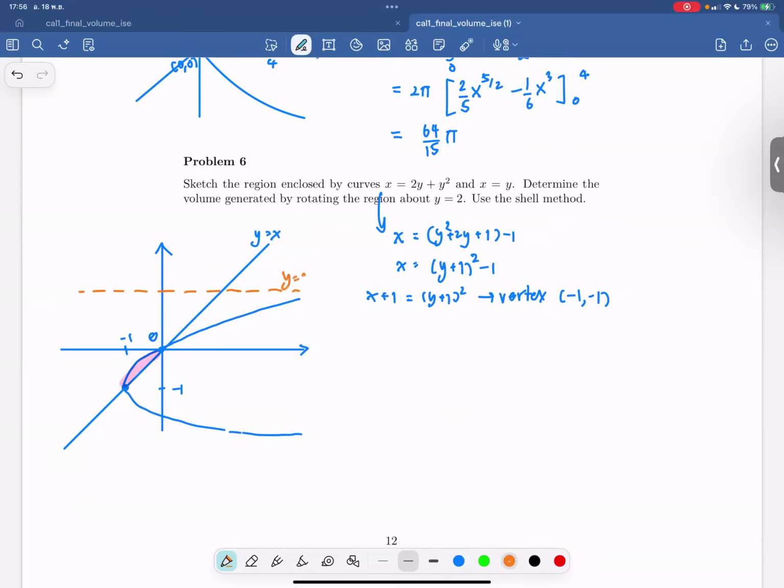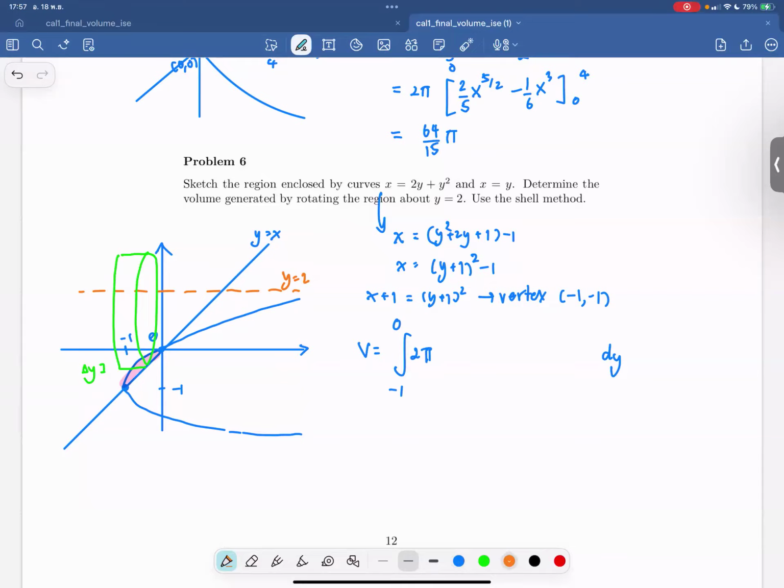And then you have to be careful with the radius and the height of the cylinder. Your cylinder should look like this. So the thickness is delta y, right? So we have to set the integral with respect to the variable y. So the boundary of the integral is from -1 to 0. And then you need to find the radius and the height carefully.